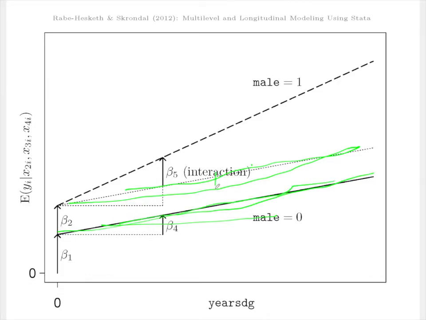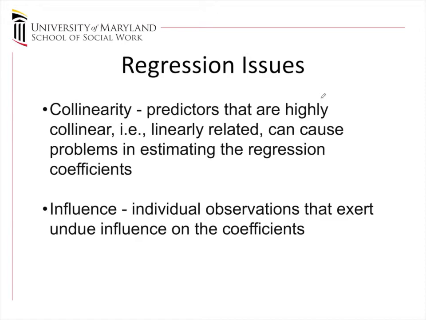Men and women were parallel all the way through. Now, they're not parallel. The longer you go on, the bigger the gender difference is. So the gender difference is really narrow at the beginning, but then grows over time. That's what the data suggests. So interactions are a very useful tool for understanding nonlinearity.